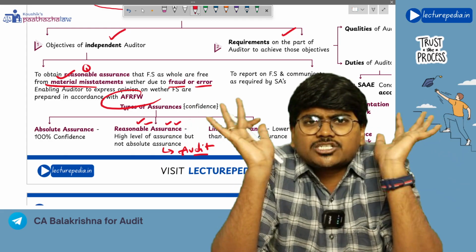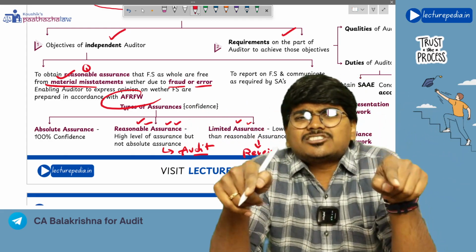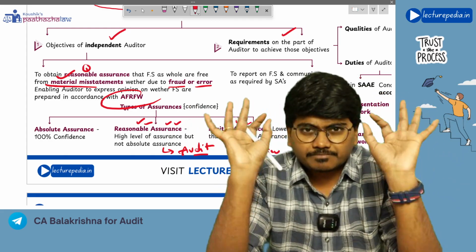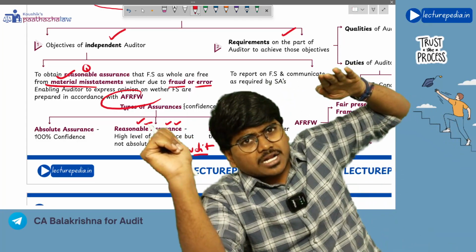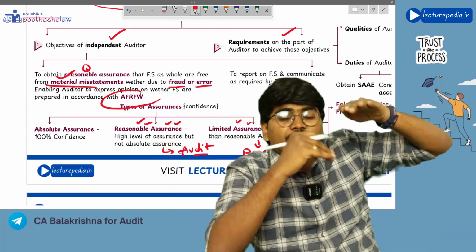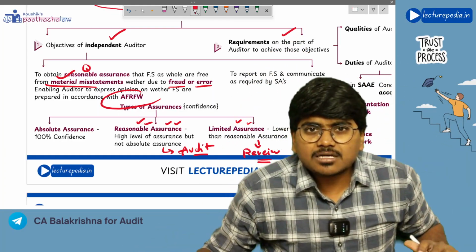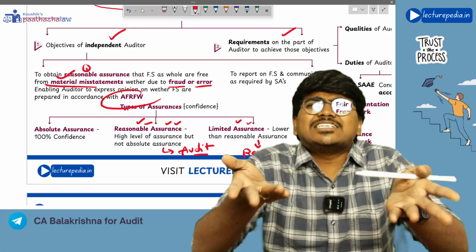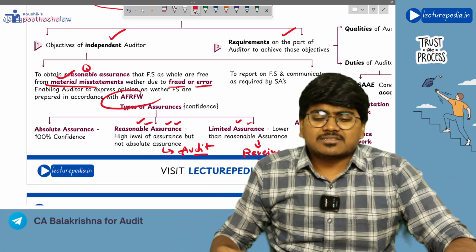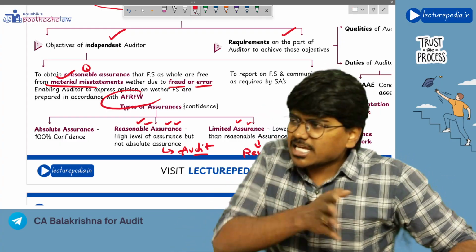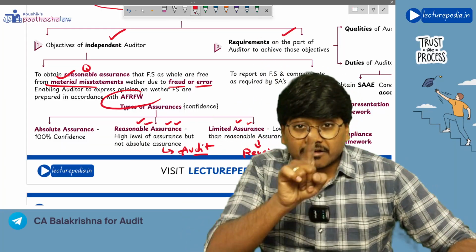Next, applicable financial reporting framework. What is this applicable financial reporting framework? First of all, a financial reporting framework means a certain benchmark as per which you will prepare your financial statements. For example, accounting standards and Indian accounting standards are nothing but financial reporting frameworks. As per these frameworks only, you will prepare your financial statements, right?